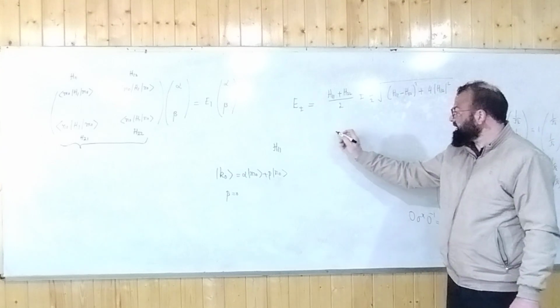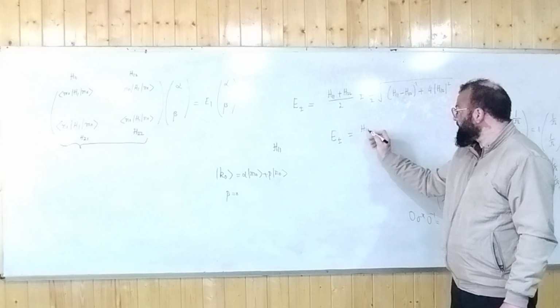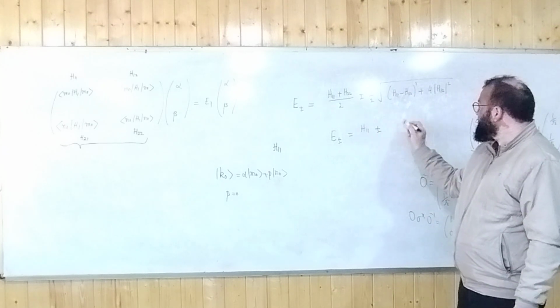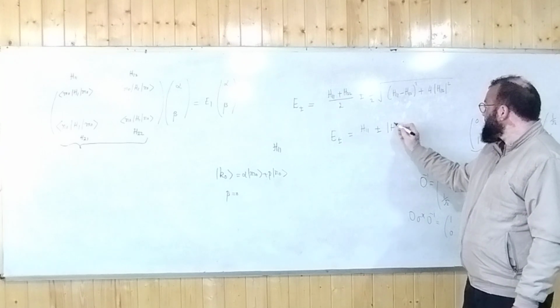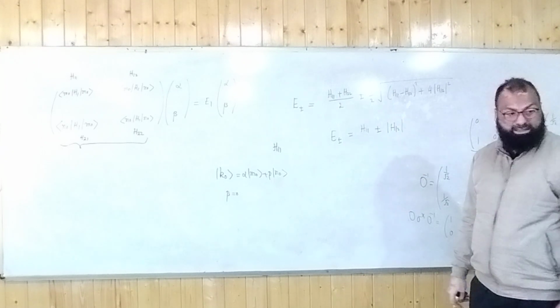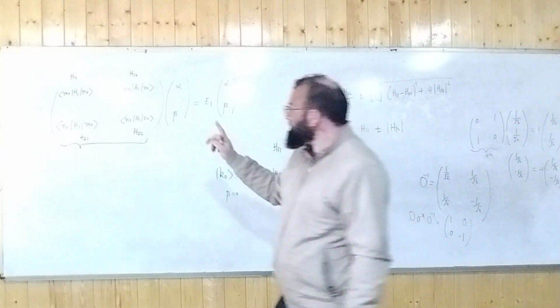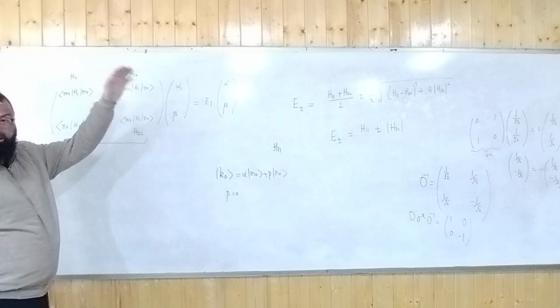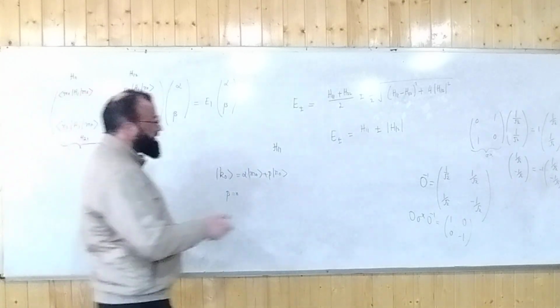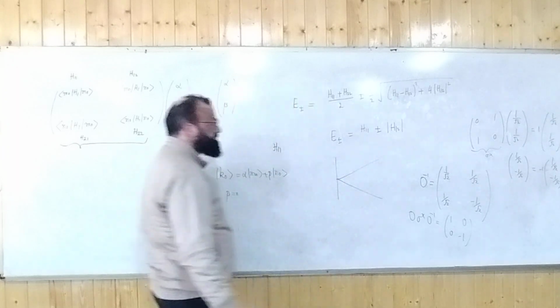So what you will have ultimately is E plus minus equal to H11 plus minus the mod of H12. This is the two-state problem from yesterday. The perturbation will lift the energy, so there will be an energy splitting. Clear?